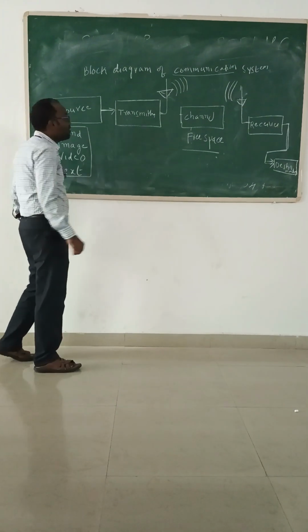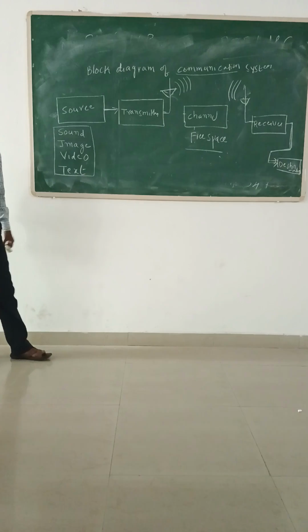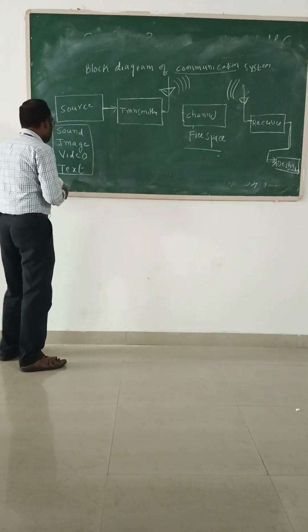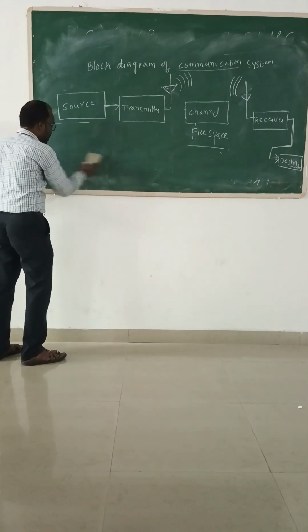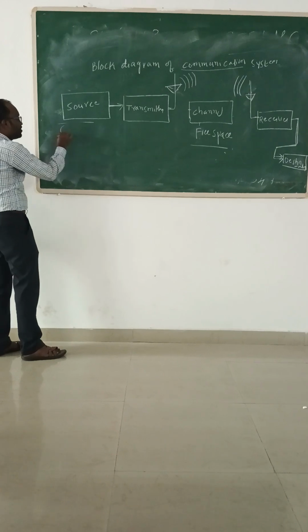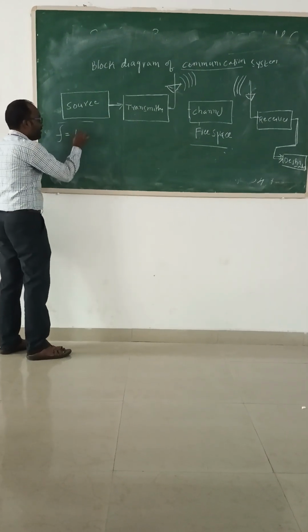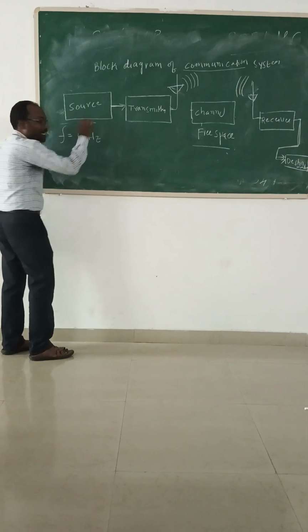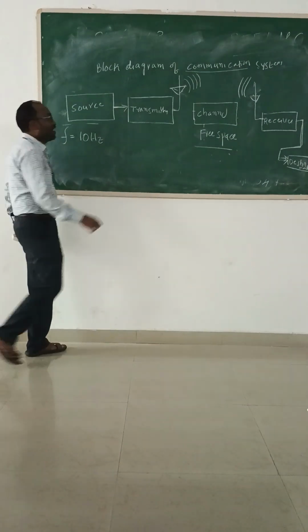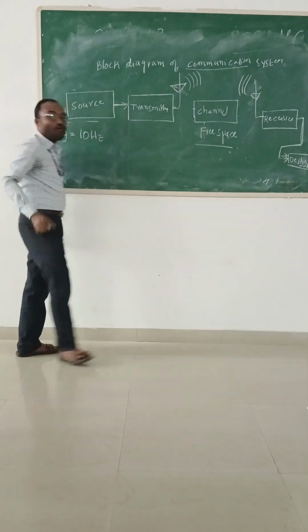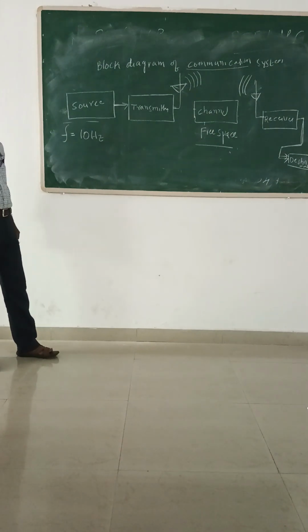But there are some points to be discussed here. For example, if we want to transfer a message signal, let us say an information signal of 10 hertz, first we have to calculate what should be the height of the antenna, right?